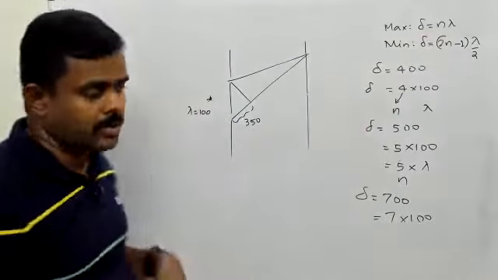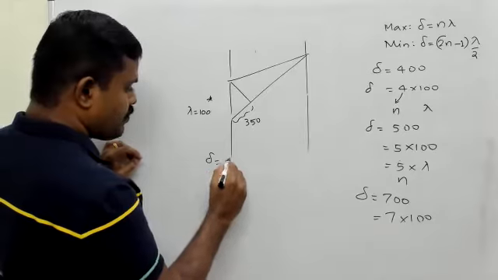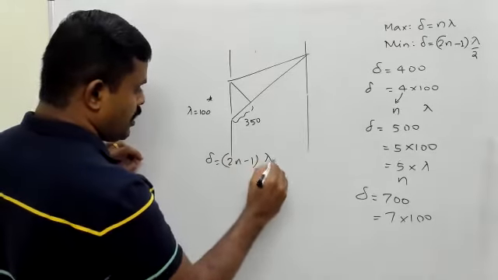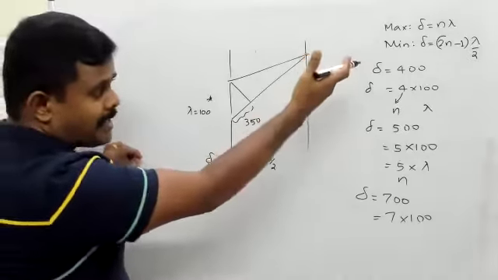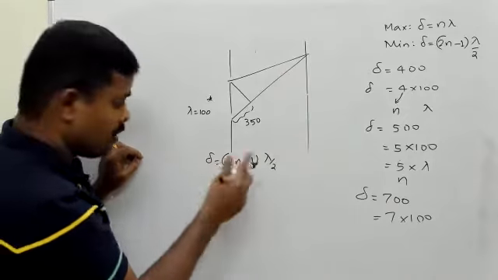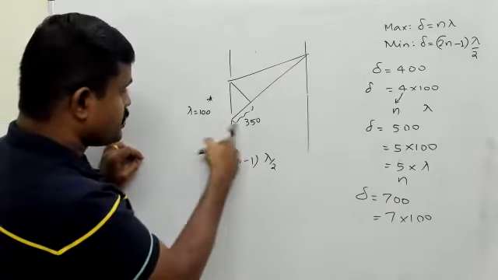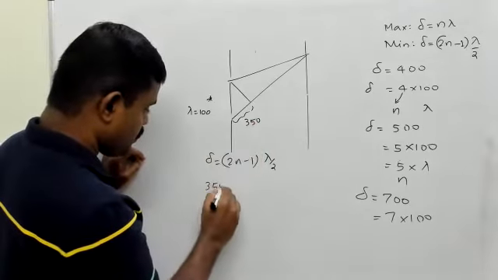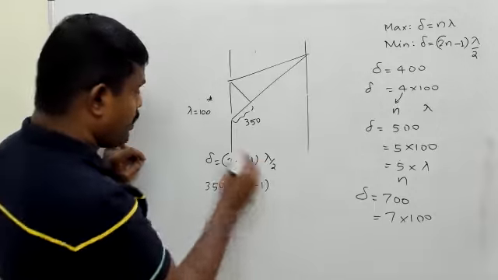So let us check the other condition. What is the minimum condition? Delta equal to 2n minus 1 into lambda by 2. Since the condition for maximum fails there, I'm trying the minimum's condition. Delta is 350, equal to 2n minus 1 into lambda by 2.